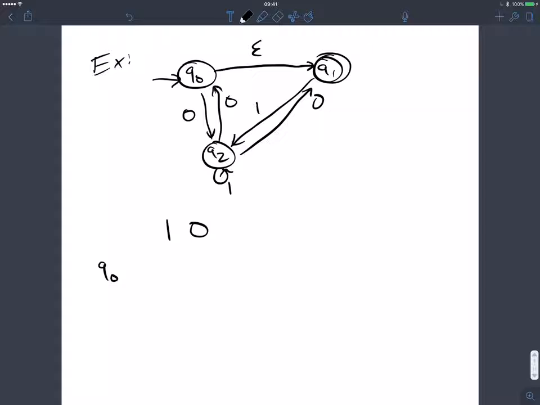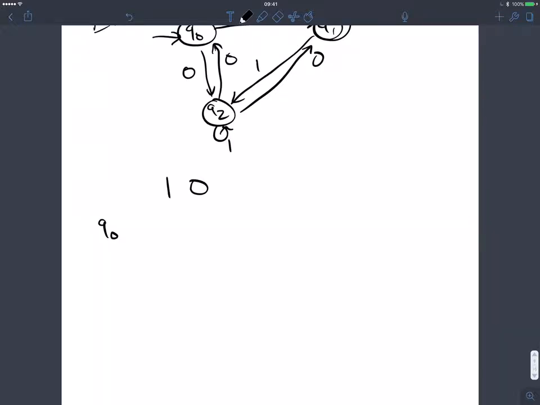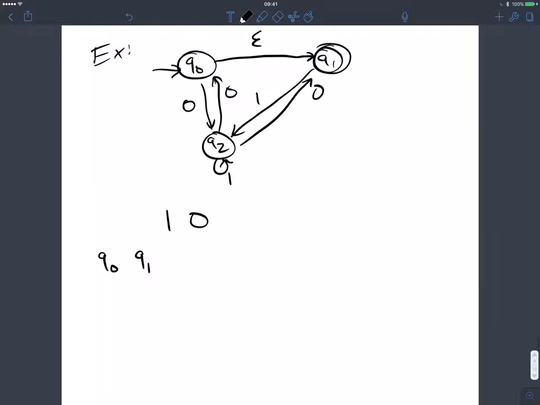I could take the Q0 to Q1 epsilon transition without reading any input. Could I take the Q0 to Q2 transition? No, because that has a 0 on it, and we know that the first character is a 1, so we cannot take that Q0 to Q2 transition. So, I must go to Q1 without having read anything.